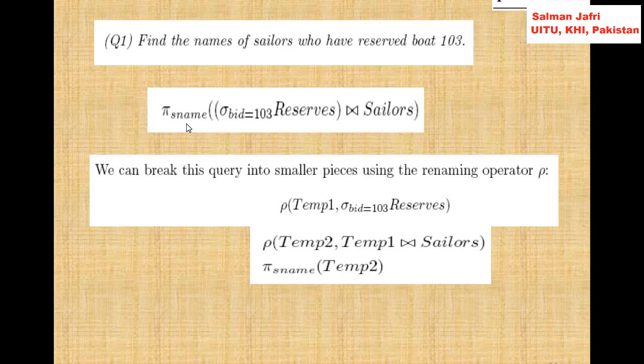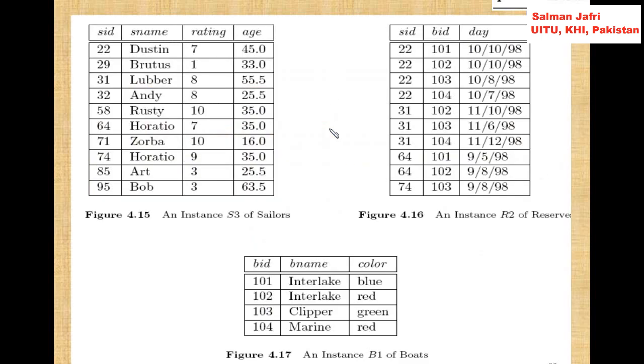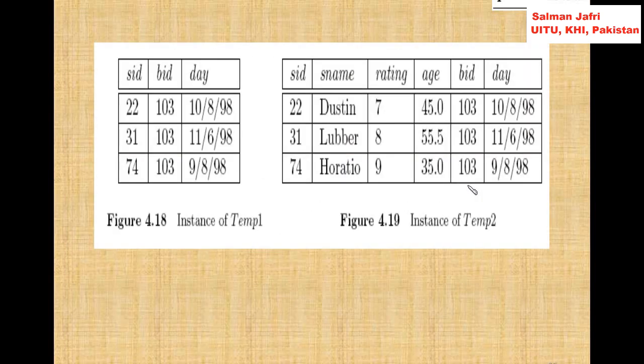So let's do it one by one. Let's first execute this one from reserves where BID equals 103, right? So what would be the answer? This tuple, and this tuple. So 3 tuples are selected as shown over here.